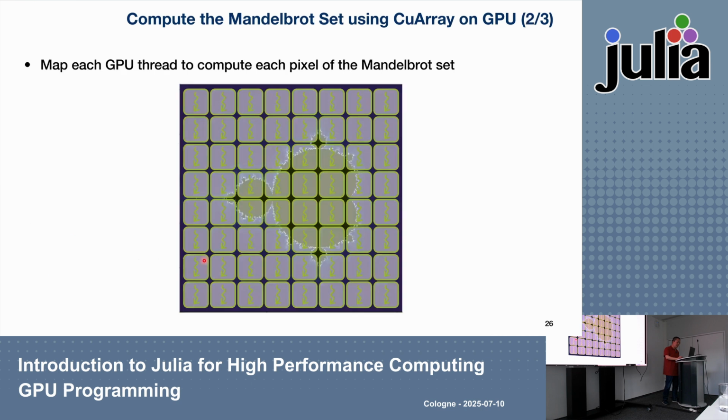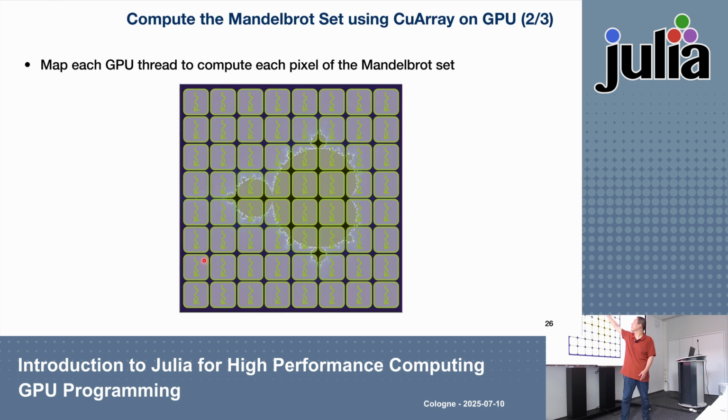So to make this concept easier to understand, here is your Mandelbrot set on your device. Let's say on GPU, you have done this in the last slide. And then to do the calculation, you need to start 1,000 times 1,000. Of course, here I cannot draw this 1,000. 1 million threads to do the calculation.